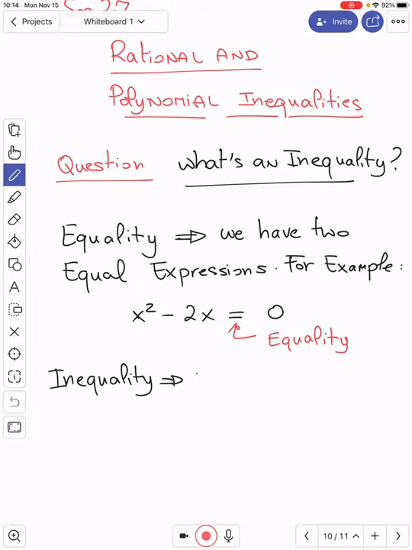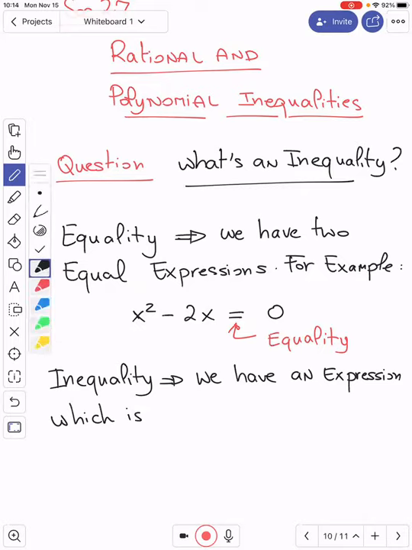So we have an algebraic expression, which is actually not equal, but larger or less than another expression.